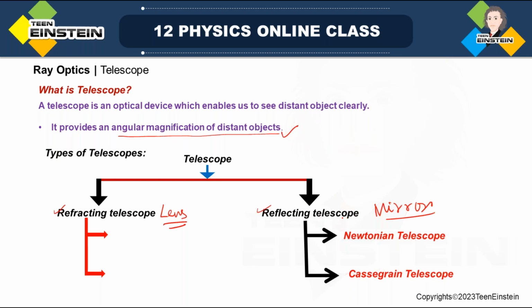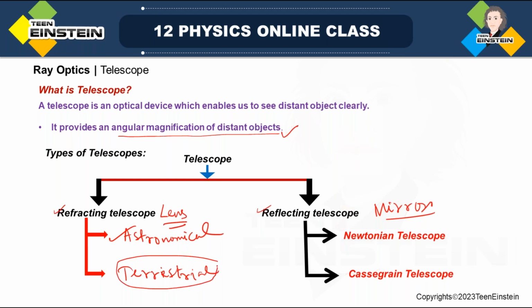In refracting telescopes there are two types: astronomical telescope and terrestrial telescope.